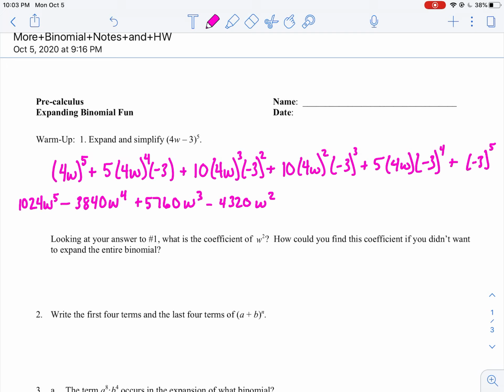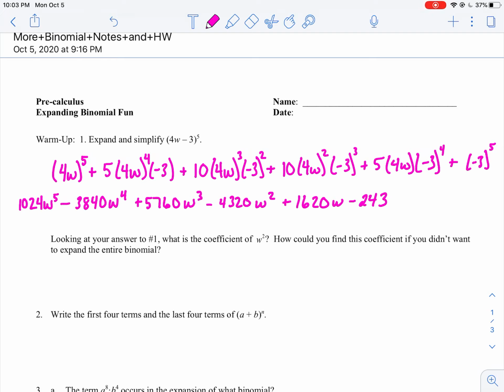So that's going to be 81, right, times 20. So 5 and the 4. So 1620. So 1620w, and then last but not least, negative 3 to the fifth would be minus 243. So just a little bit of practice for you there.